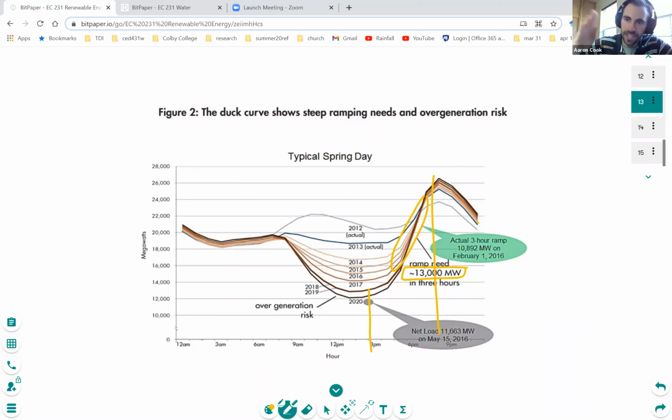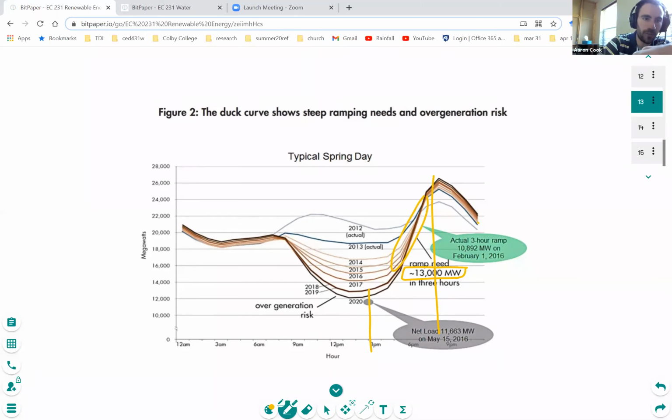So the angle of the sun is getting shallower and shallower, and so the amount of production from solar is declining rapidly. Energy use is still pretty high between the hours of 3 to 6. So you need to have natural gas or something else to make up the slack as the solar production starts to get reduced, but as electricity demand stays flat. And you need about 13,000 megawatts in about 3 hours.